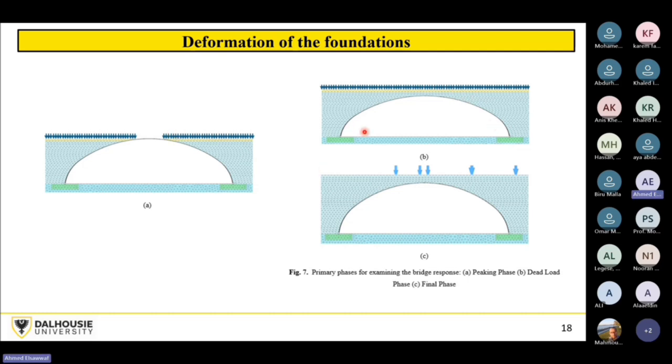This one is called the full dead load. That's when you have reached the full soil cover. And this one, you may call it live load or final phase. I have called it here final phase. And here are the truck loads.